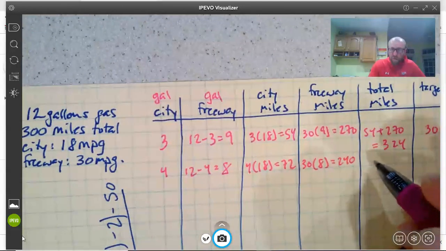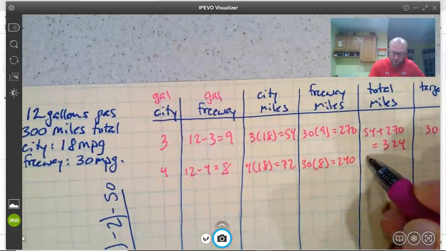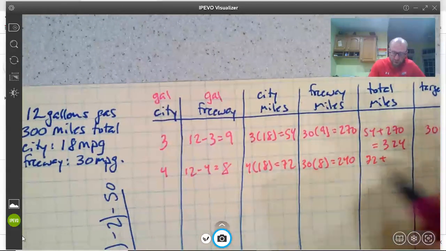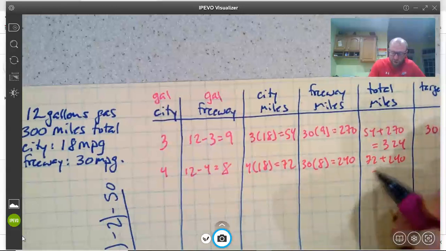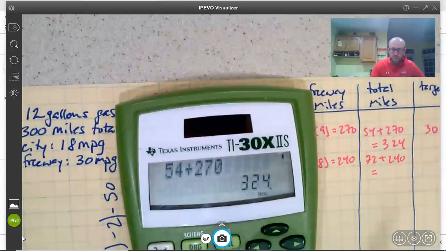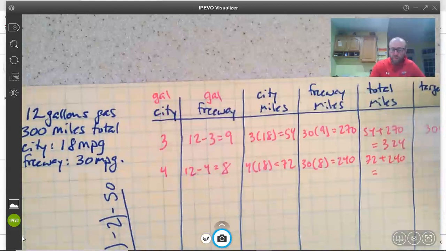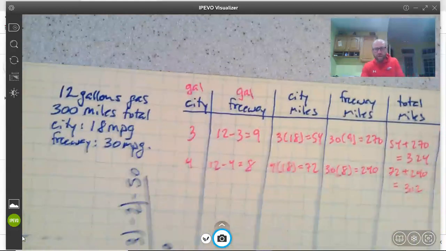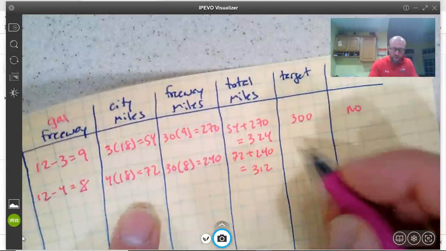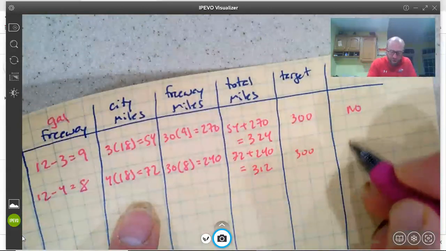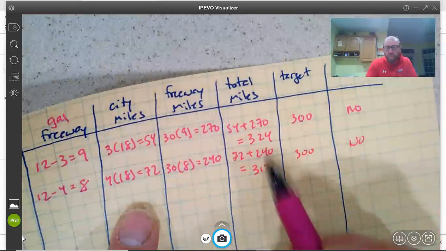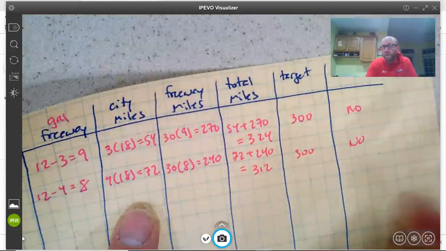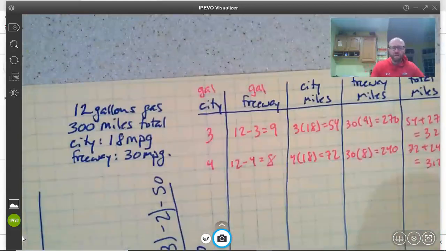And for our total miles, the city miles was 72, plus our freeway miles, 240, equals 240 plus 72, 312. Our target is 300. So we did not hit our target. But notice, we went from 324 to 312. We're getting closer.